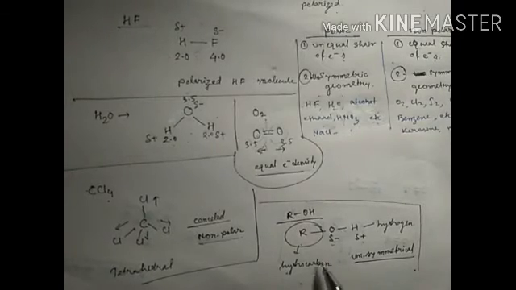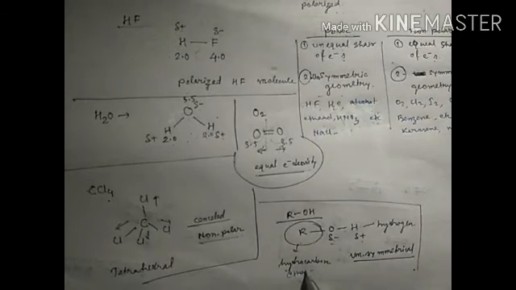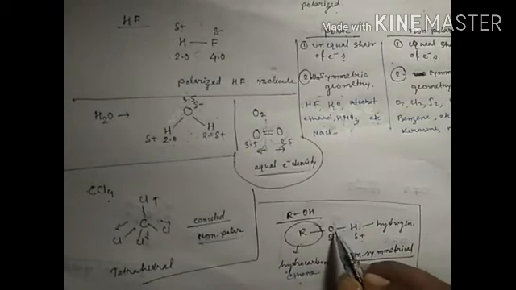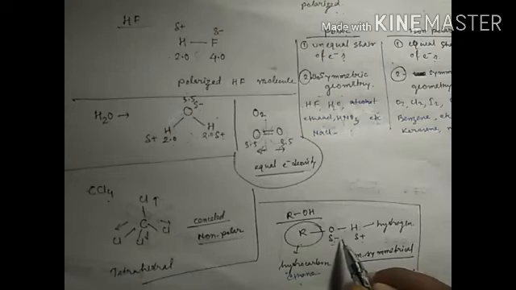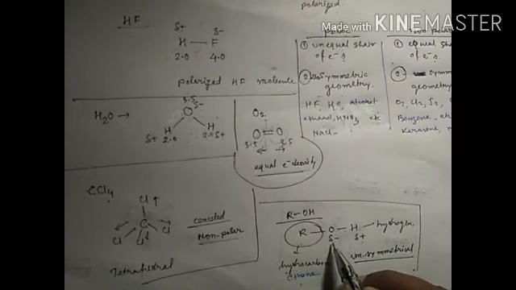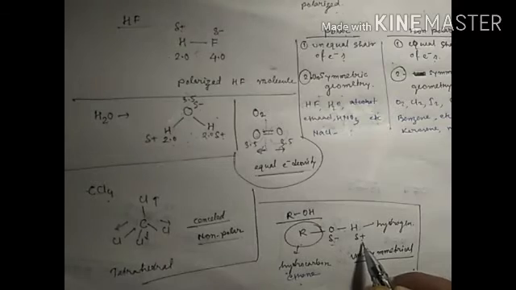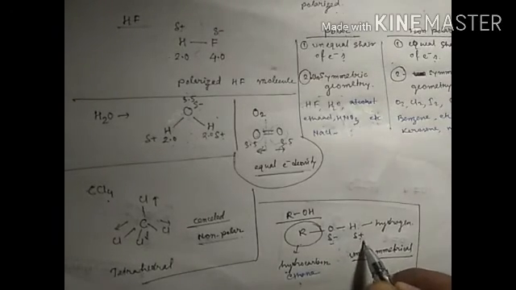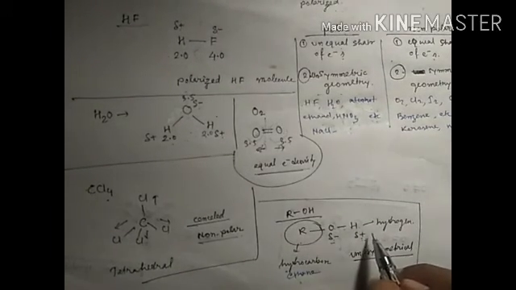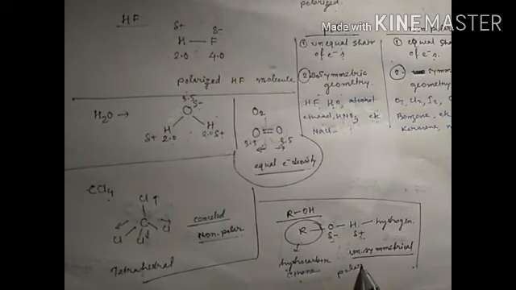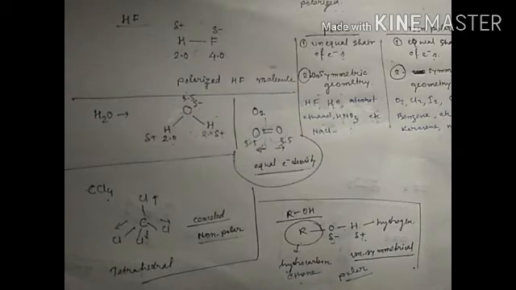Here is ethane, then oxygen and hydrogen. Due to electronegativity, oxygen pulls the electron towards itself, which makes it partially negative, and hydrogen becomes partially positive. See, here a polarized nature develops. This is negative, this is positive, and it is not a symmetrical molecule. That's why it is polar.